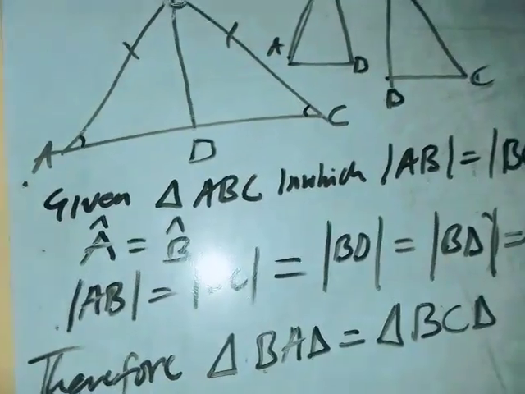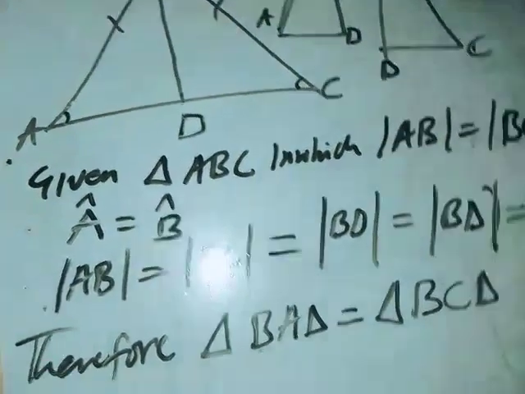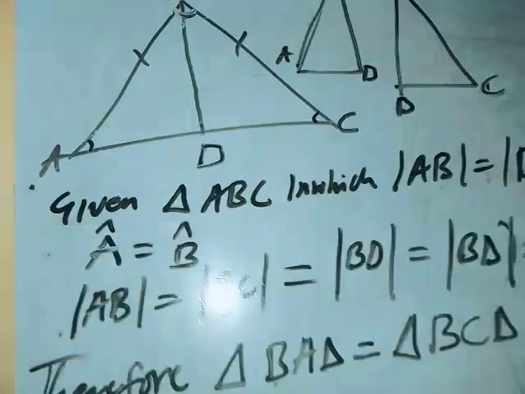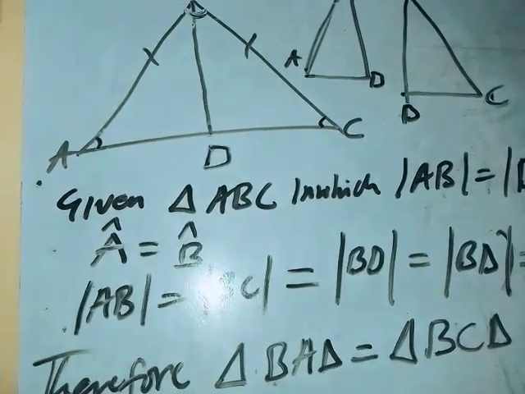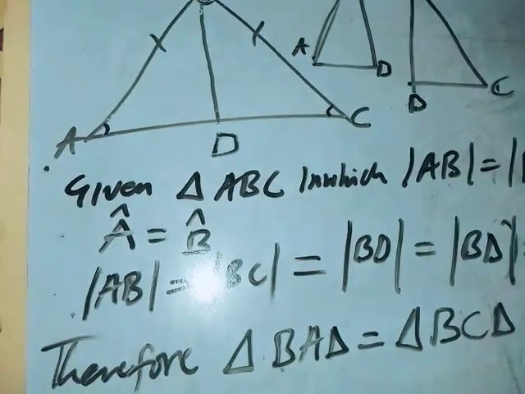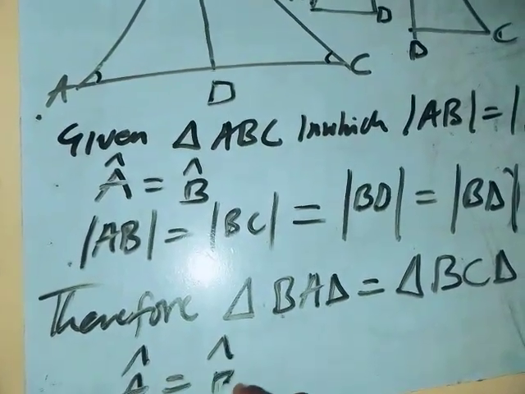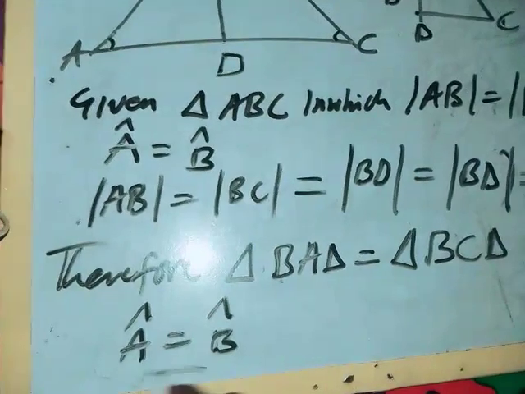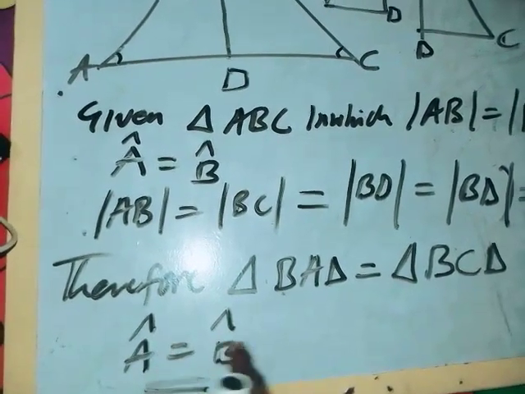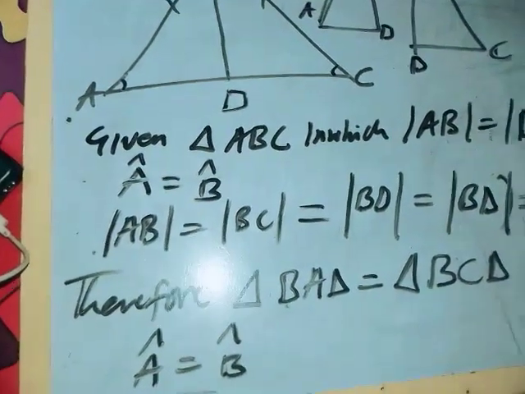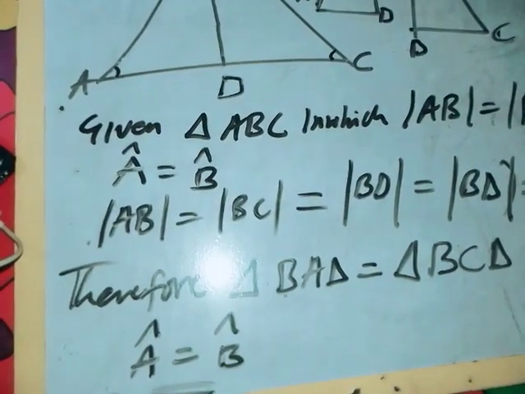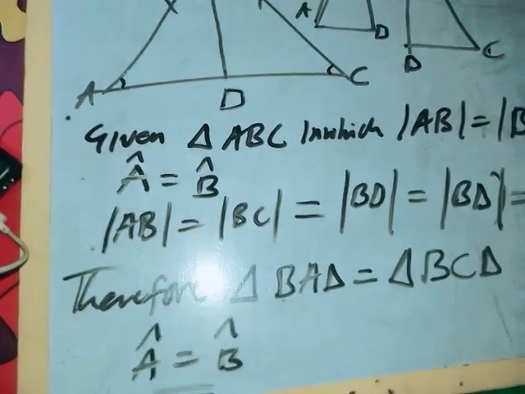Now I can confirm that angle A is equal to angle C. I want to prove that this angle is opposite to this angle, and that is the proof. Remember, this theorem statement, you can write it down.